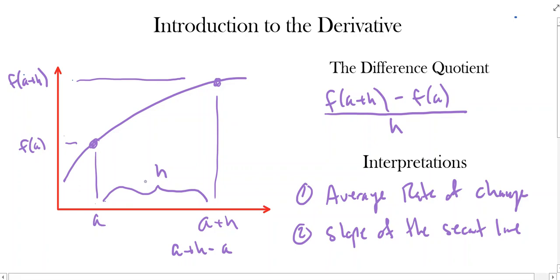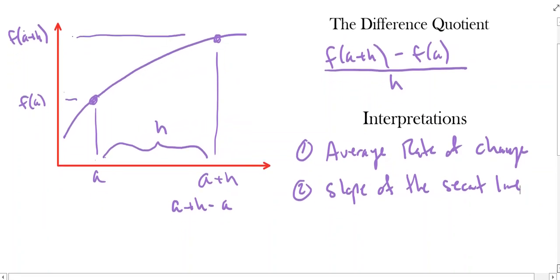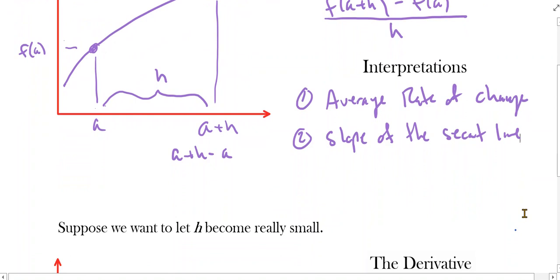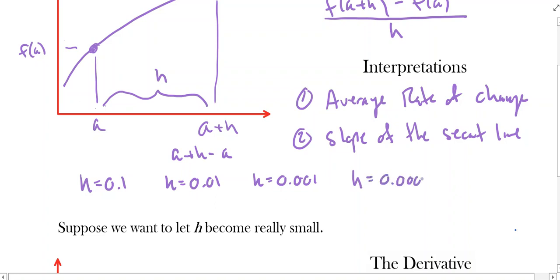Now remember, the key here is that H is a very, very small number. And so in many of our homework problems, we will typically let H be something like 0.1, or maybe even smaller, 0.01, or even smaller, like 0.001, or even smaller, like 0.0001.